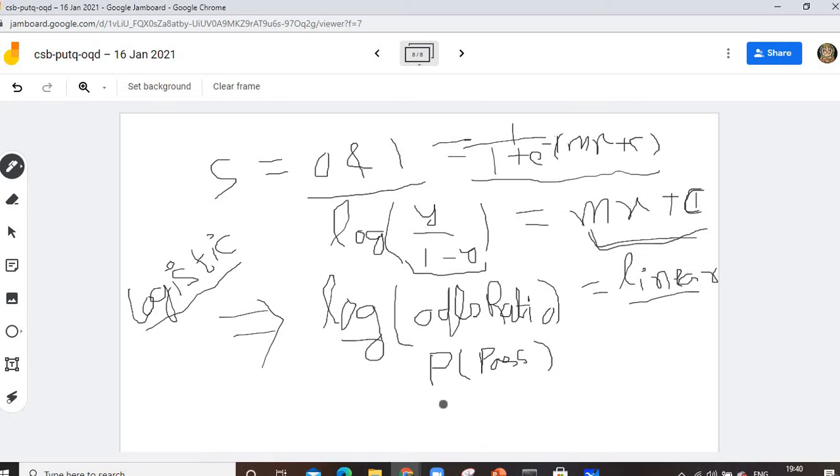It gives the probability of pass or the probability of fail. This is a probability function, which just gives us the probability of pass or fail.